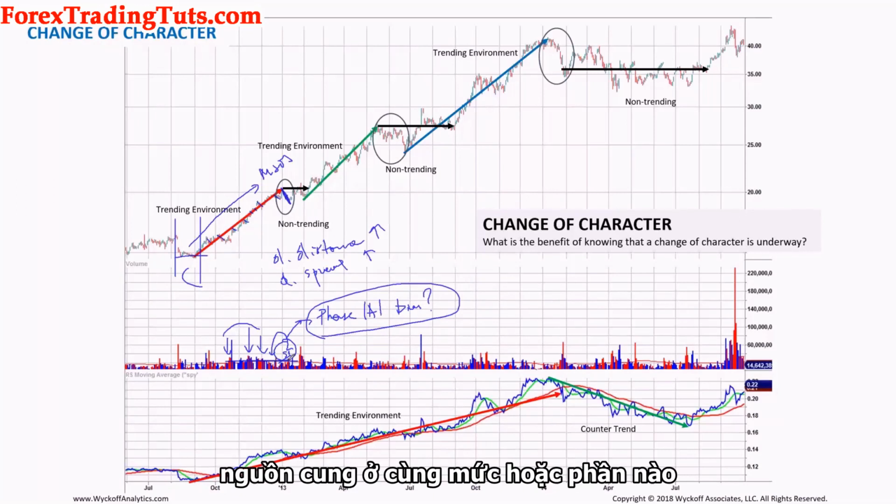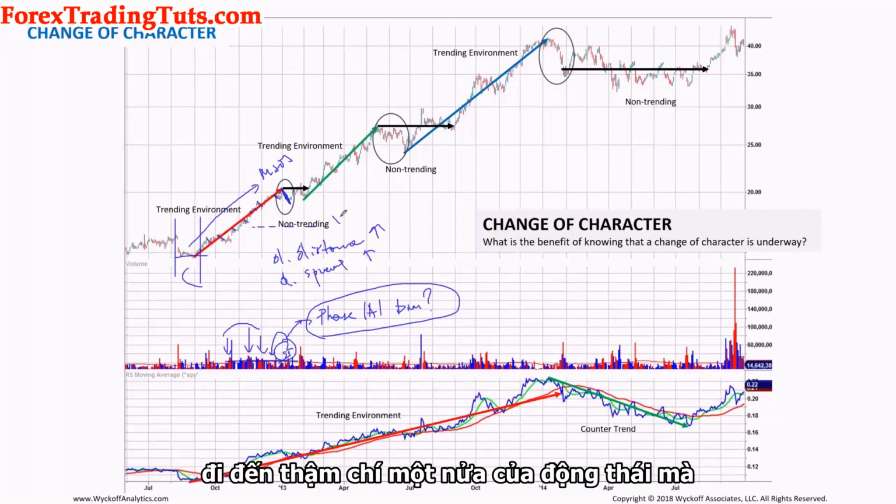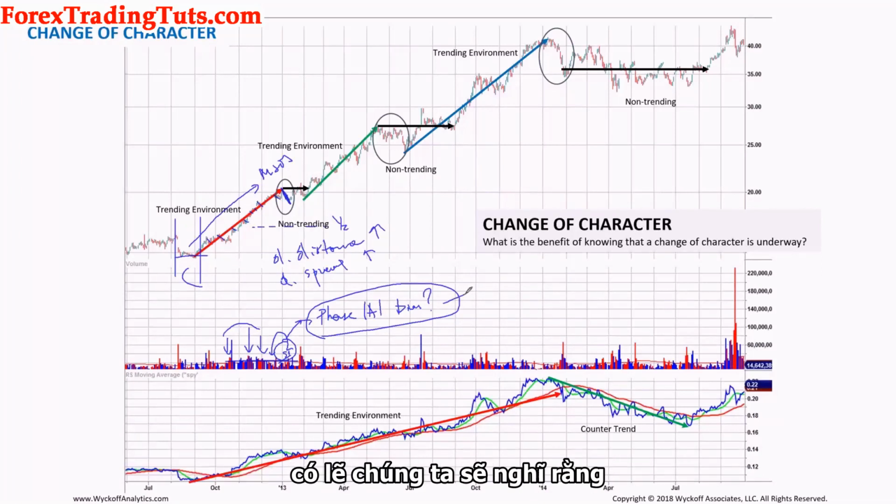Well, because the supply is at the same level or somewhat low and doesn't produce an extreme move to the downside, we don't actually go to even 1/2 of the move that we've done. We probably would be thinking that the bias is still going to be reaccumulation at this point. And that's the way how I'm going to teach you guys.